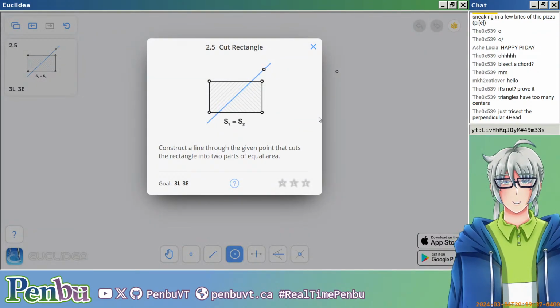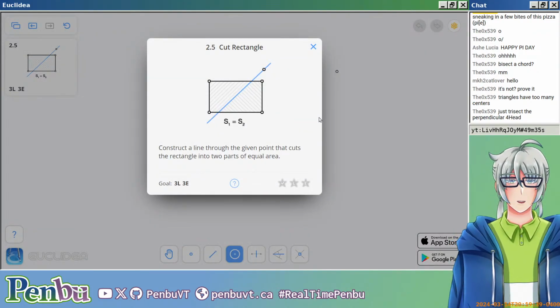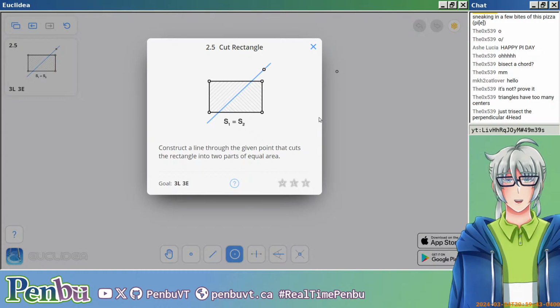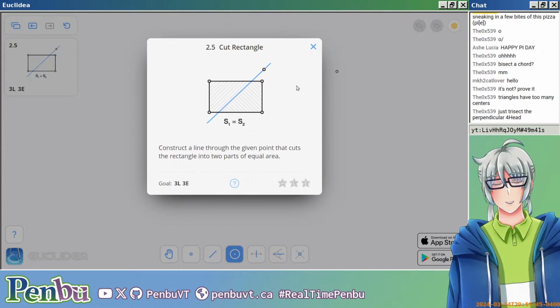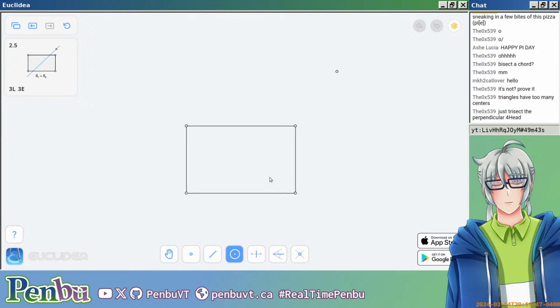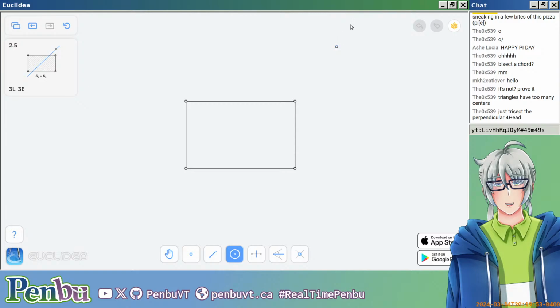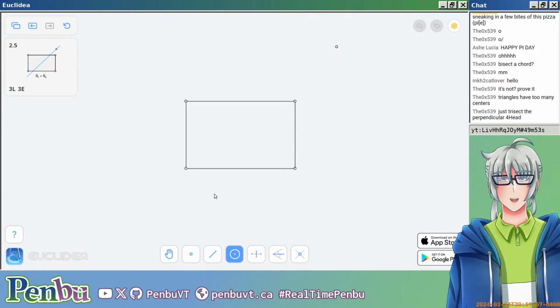Cut rectangle. Construct a line through the given point that cuts the rectangle into two parts of equal area. Alright, now we're getting into area. We have this point here, and now we have to decide how to cut this so that we have two equal parts of area.